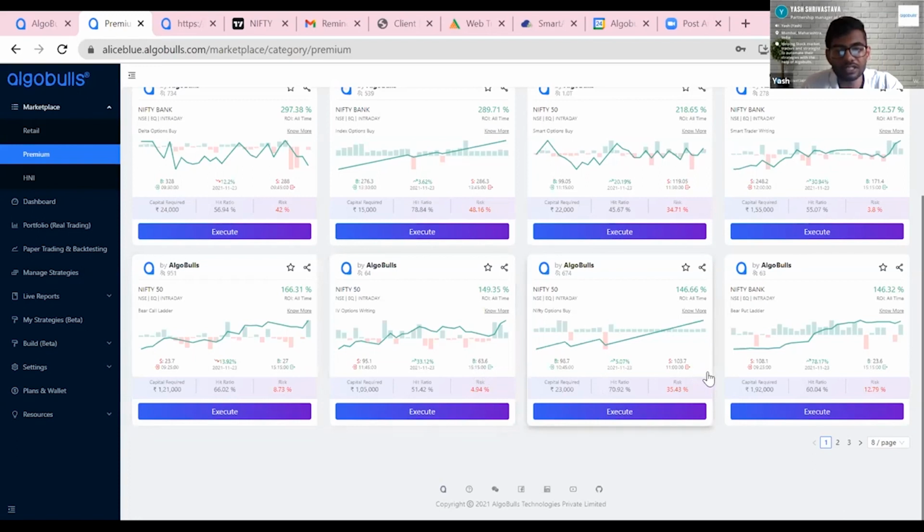You could also find strategies with even lesser drawdown, and that is the kind of flexibility we provide, so you can see which strategy is going to work out for you based on your risk appetite and your profit take.